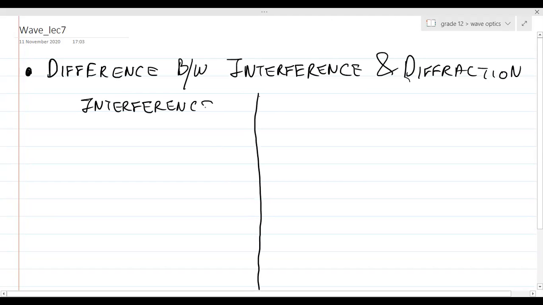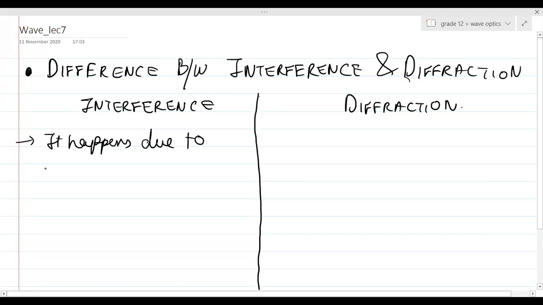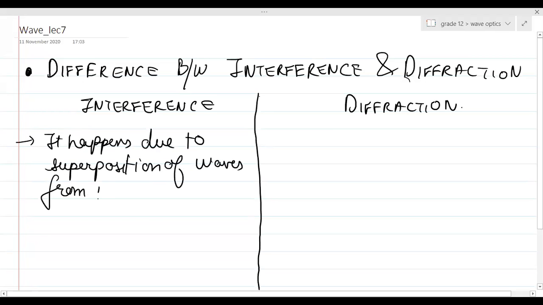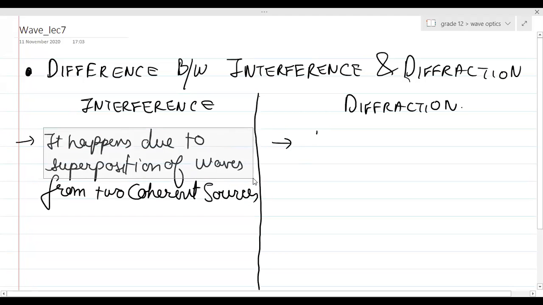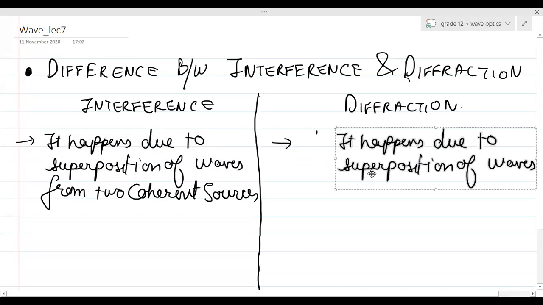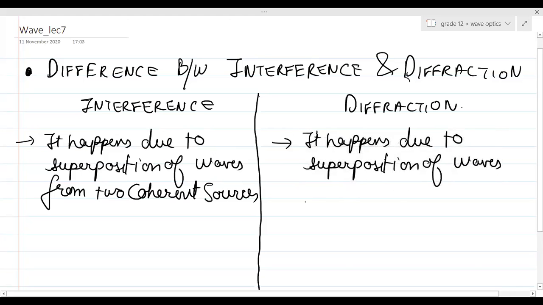First difference is, it happens due to superposition of waves from two coherent sources, whereas diffraction happens due to superposition of waves from multiple sources.